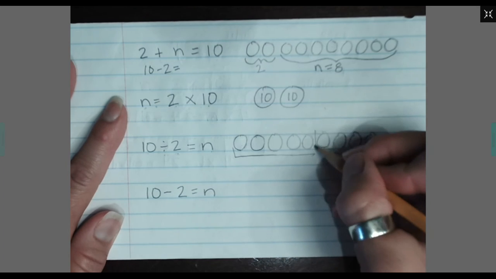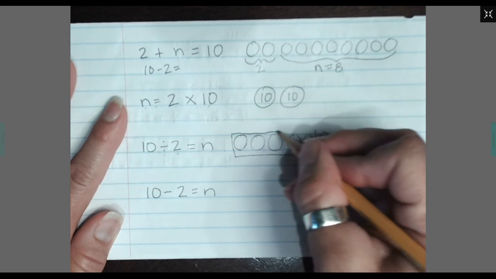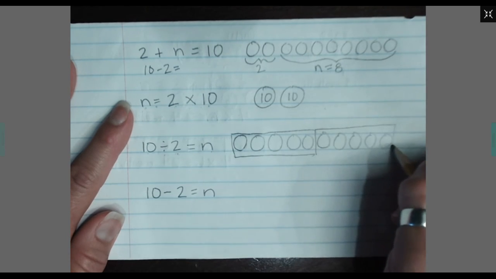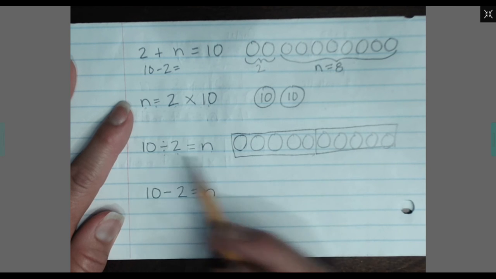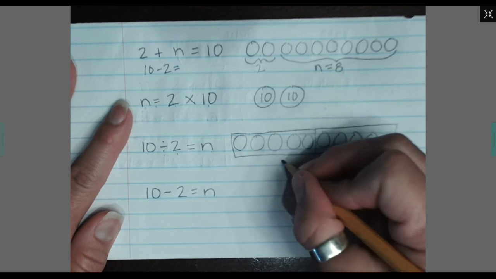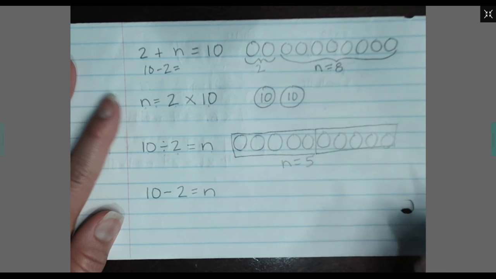And they have to be equal groups. When you're talking division and multiplication, you're talking equal groups here. So if I split my 10 into my two groups, I have 5 in each. So my n equals 5.